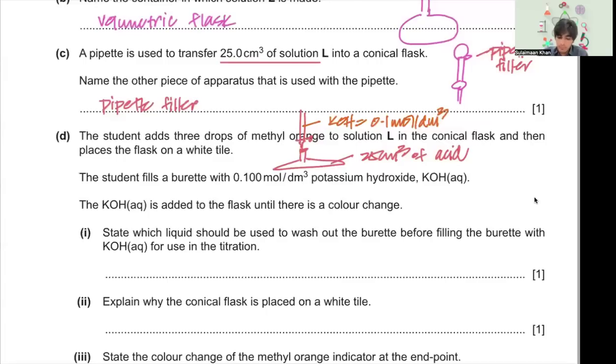My question to you guys is, think about the logic that I gave you at the start. Let's suppose 25 cm cube of potassium hydroxide was used, and in the other scenario, let's suppose 30 cm cube of potassium hydroxide was used. In which case would the acid be more concentrated?